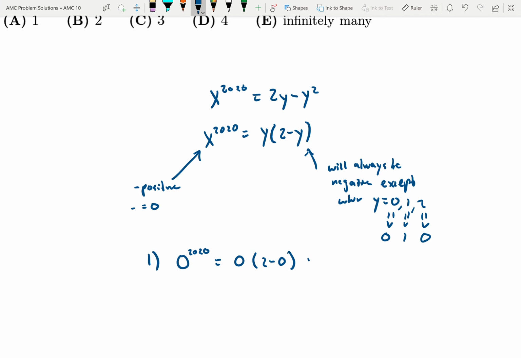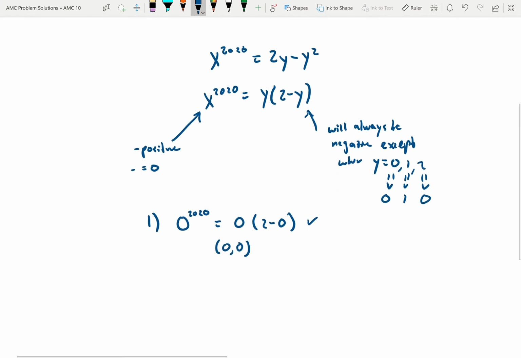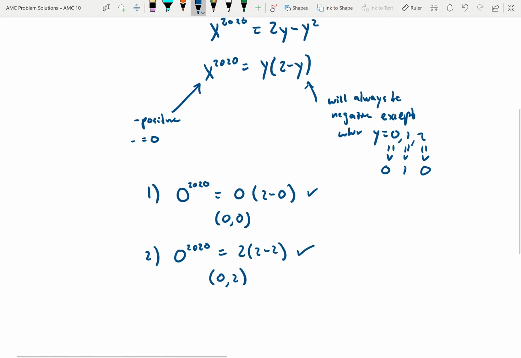That checks out. The coordinates there are 0, 0. Another case, again x is equal to 0 on the left side, and I also know that when y is equal to 2, we'll get 0 on the right. So 2 times 2 minus 2, that checks out, and I get the coordinate 0, 2.